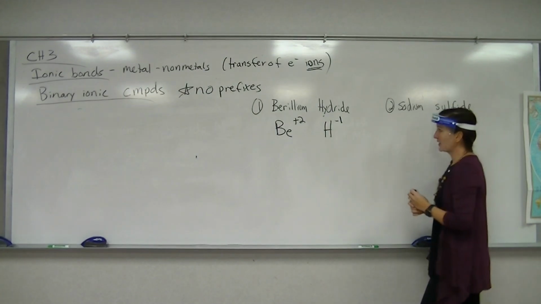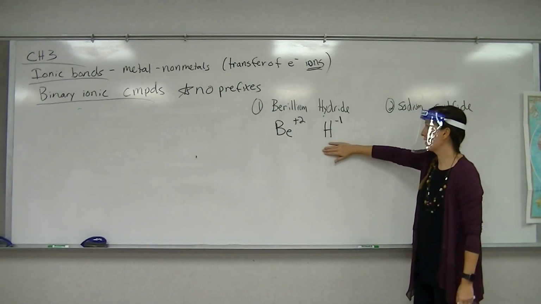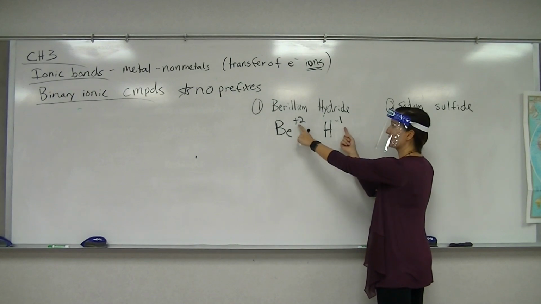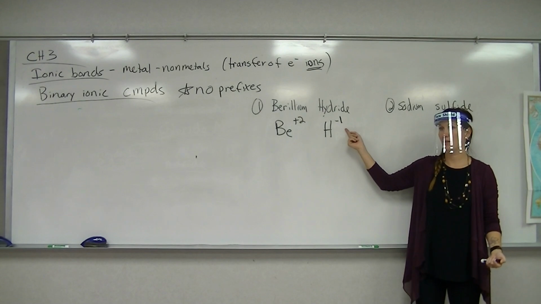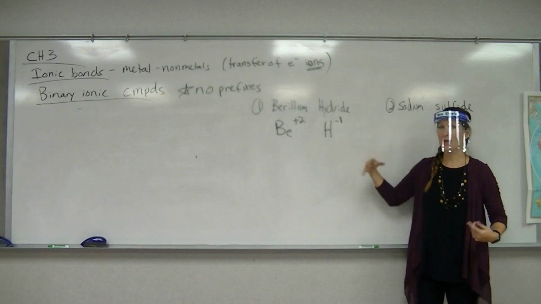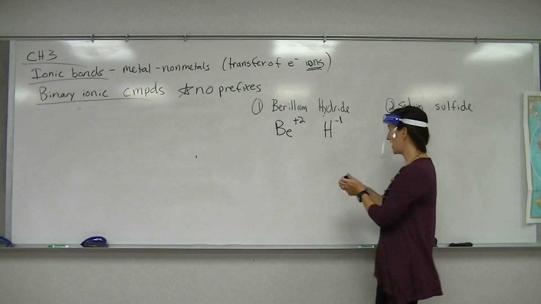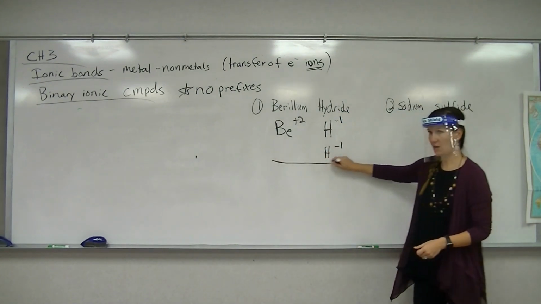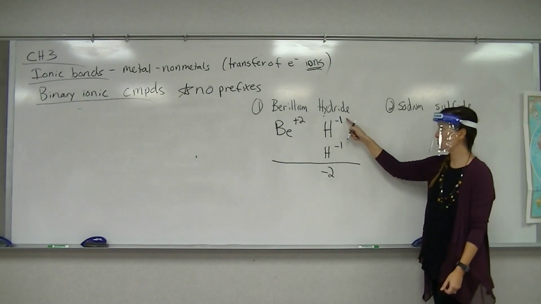Okay? So in this case, if I had just 1 beryllium and 1 hydrogen, do their charges cancel? So if I take a +2 plus a -1, do I get 0? No. So what do I need more of? Do I need more hydrogens or more berylliums? More hydrogens. So let's add another one. Now it works, right? So on my anion side, I have a total of a -2 charge.